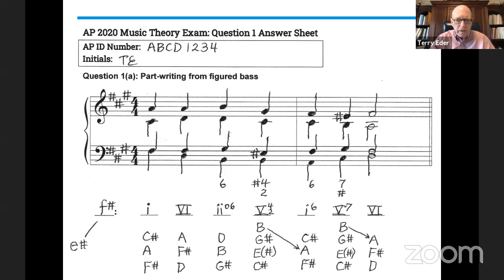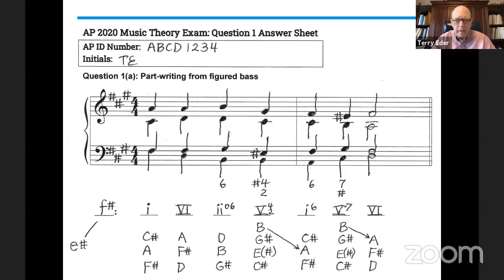In the next, from the second beat to the third beat, it looks like we've got parallel motion between the soprano and the tenor. The tenor has an F sharp, the soprano has an A on the second beat. On the third beat, the tenor has G sharp and the soprano has B. So that's parallel thirds.